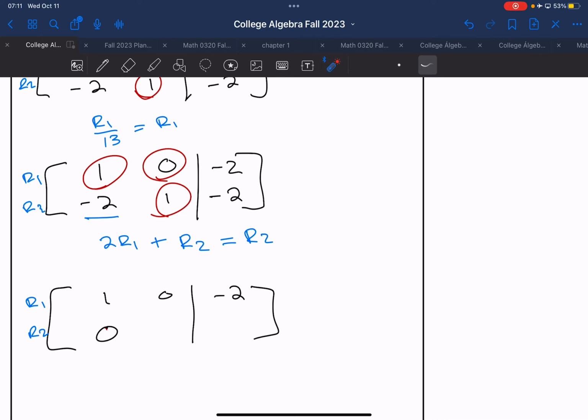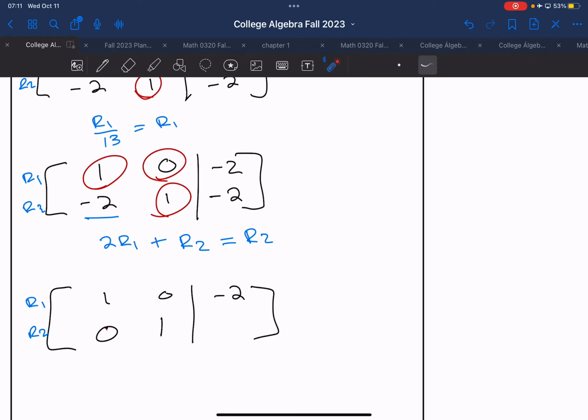Okay, then we do 2 times row 1. So 2 times 0, which is 0, and add row 2, we get 1. Notice how these formulas we're creating do not change our original 1 and 0s that we found earlier.